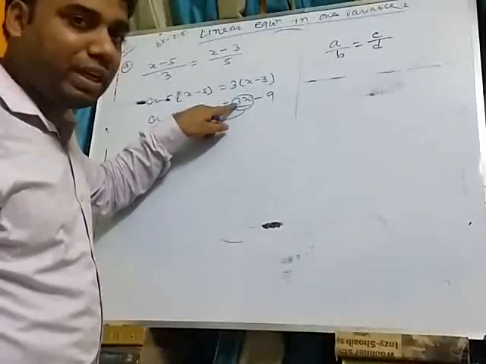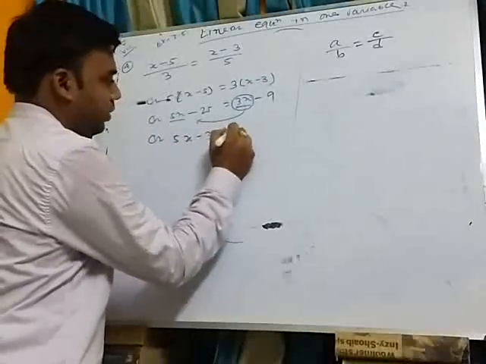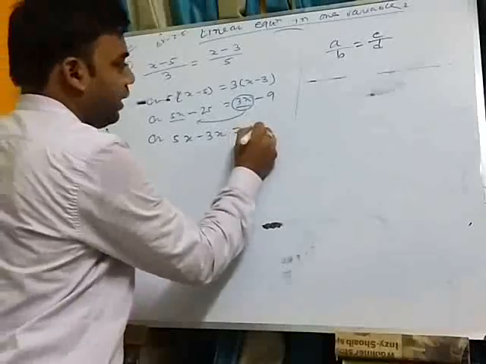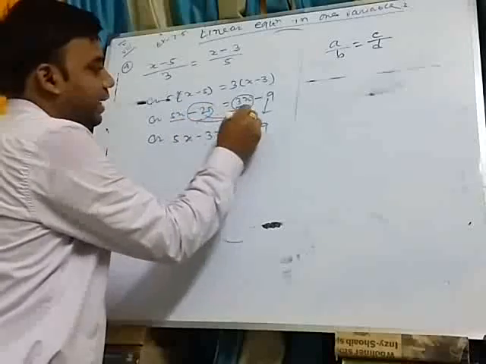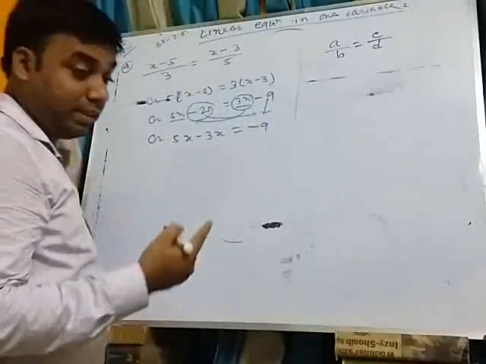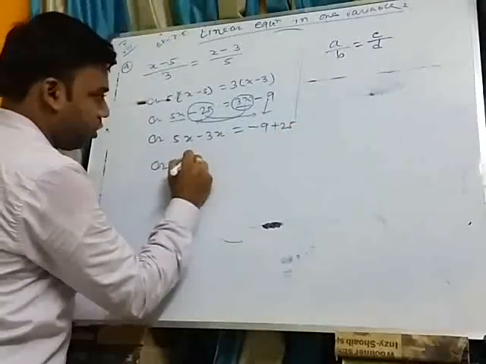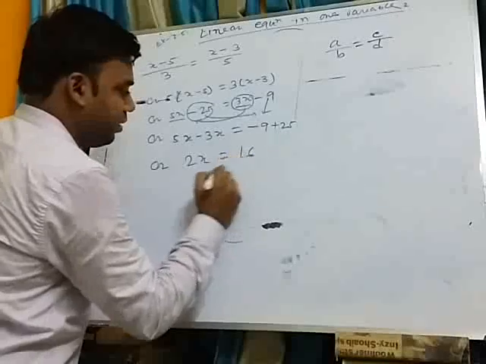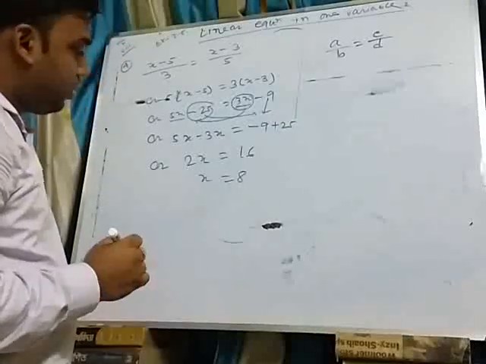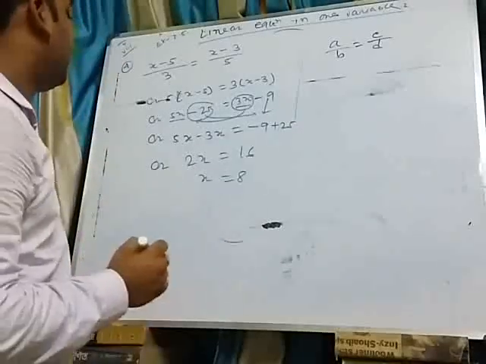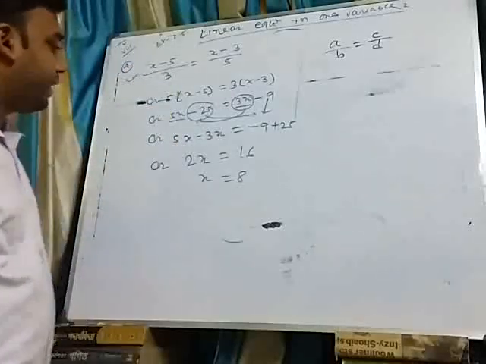The sign of this 3x is plus, on this side it will be minus: 5x minus 3x. Now minus 25, change its side: on the right hand side it will be plus 25, or 2x equal to 16, x equal to 8. It is the solution of this equation. Okay, that is x equal to 8.